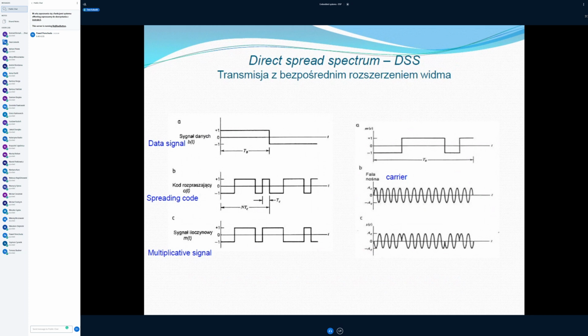But I would like you to be aware that we have frequency hop spread spectrum, and it would be good as a third task for your homework to check Wikipedia or anywhere what frequency hop spread spectrum is. We also have time hop spread spectrum.